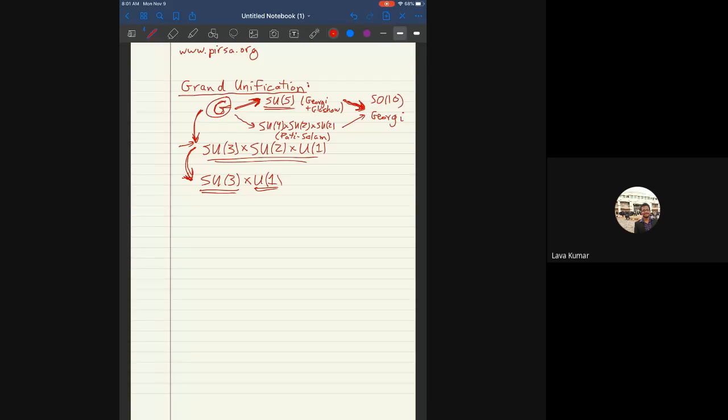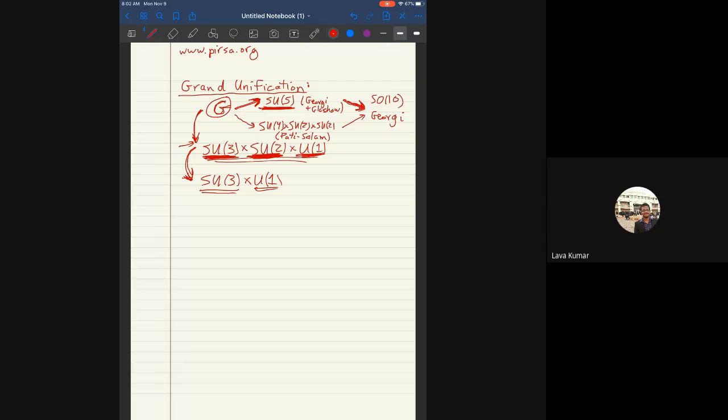Down here with the Standard Model, it looks like there are three different types of fundamental forces: the strong force of SU(3), the weak force of SU(2), and the hypercharge force of U(1). But the idea of grand unification is that those are actually just three different parts of a more unified SU(5) force. So there's just a single fundamental force instead of three different ones.